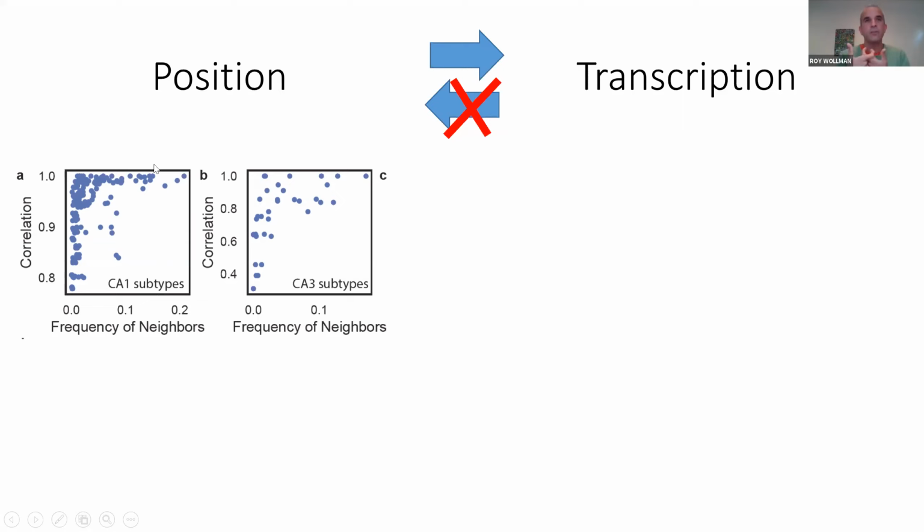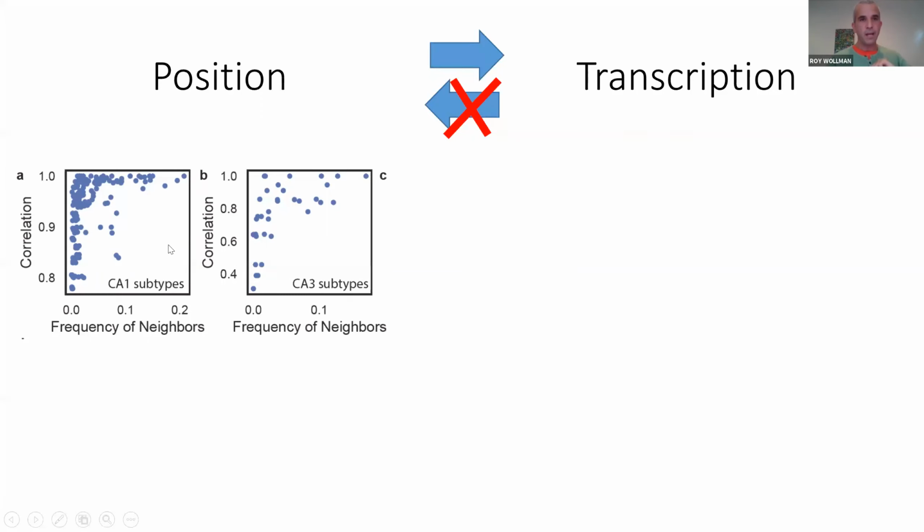So things that are next to each other share a similar gene expression signature, but that's not necessarily the case the other way around. You could have a really high expression correlation but not be co-localized. So things that are co-localized share transcriptional similarity, but it's not necessarily true of the converse, and the same thing is happening in the CA3 region.